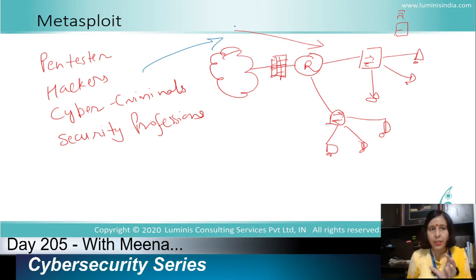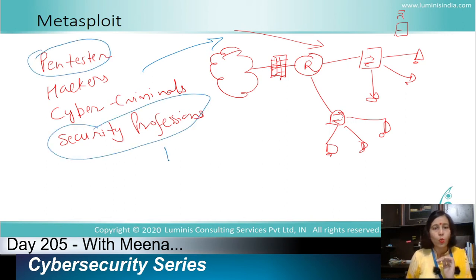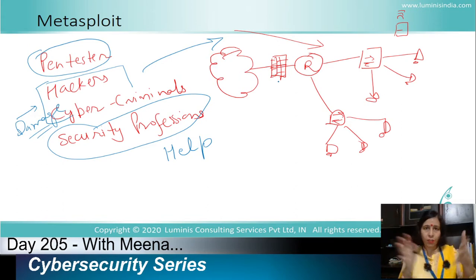The penetration tester and cybersecurity professional want to help, but the hackers and cyber criminals want to damage the company. The motive is different, but whatever they want to do, they can do with the help of Metasploit.